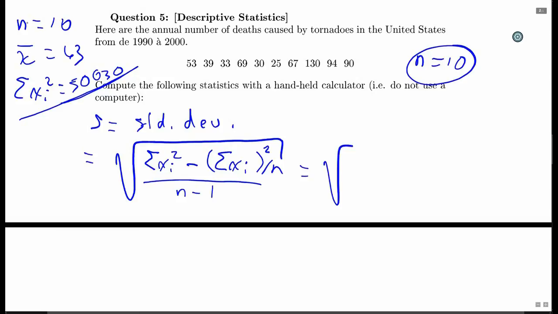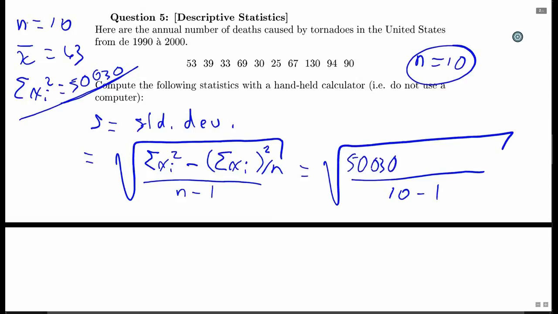So in our example, in the denominator inside of the square root, we have 10 minus 1, which is 9. We have the sum of the squares, which is 50,030. From that, we take away the square of the total, which has been divided by 10. The total in our case is 63.